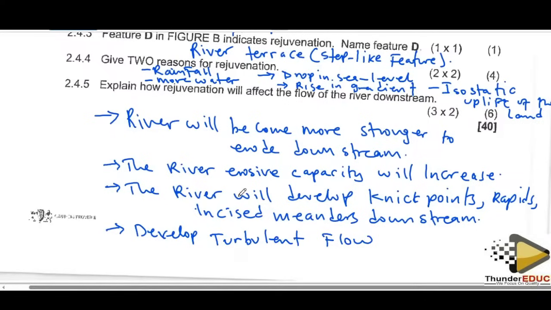Its erosive capacity will increase to be eroding more than before. The river will develop neck points, rapids inside the meanders downstream. Remember, all these develop vertically due to erosion. Then also turbulent flow will develop in the lower course.